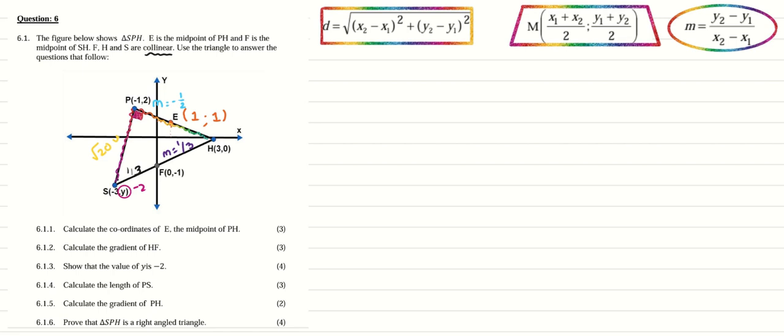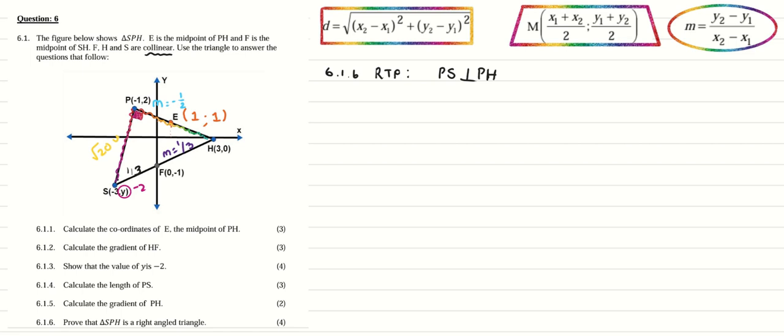I would start by writing that down, saying we are required to prove that PS is perpendicular to PH. To prove this, it's a matter of multiplying your gradients, and if you get -1, then the two lines are perpendicular.